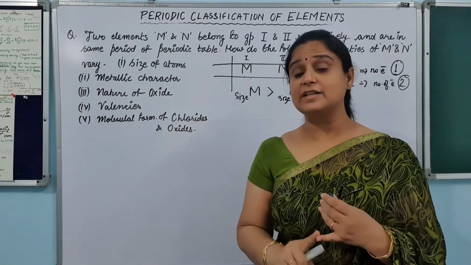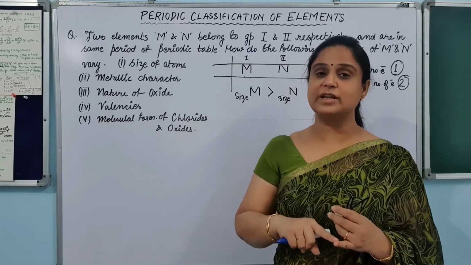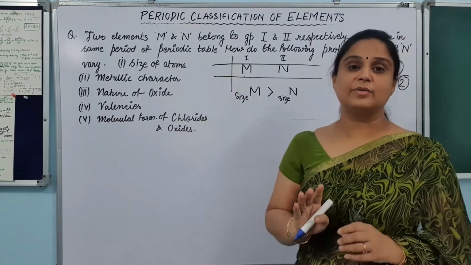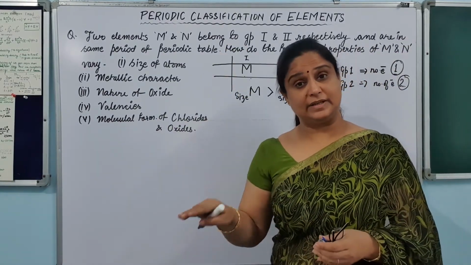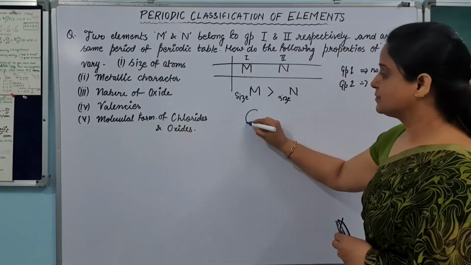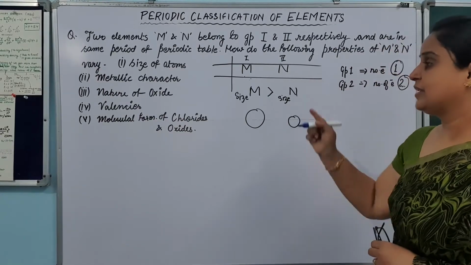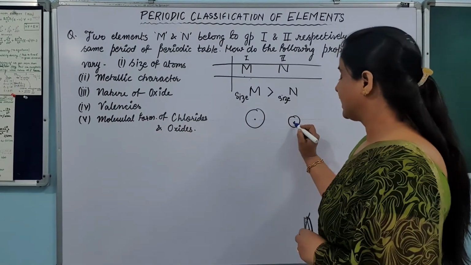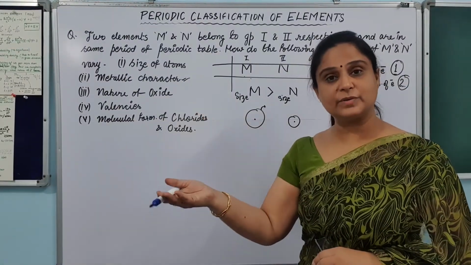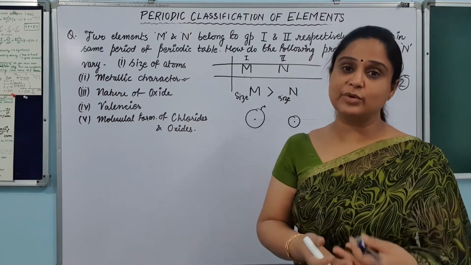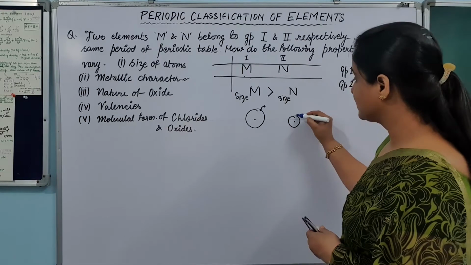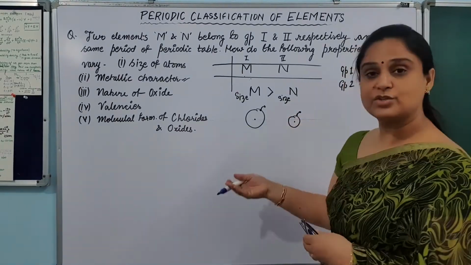Next, metallic character. Metallic character means tendency to lose the electron. More tendency to lose the electron, more will be the metallic character. वैसे भी we know that first group के metals are most metallic element in their period. Okay, but फिर भी अगर हम बात करें, the size is there because this is bigger one and this is smaller one, and when they move from left to right, ionization enthalpy, मतलब metallic character means tendency to lose the electron, जो आसानी से छोड़ दे that will have the more tendency and will be more metallic in nature. तो हम यहाँ क्या कर रहे हैं, we are going to lose this electron. कौन तो इन दोनों में से आसानी से छोड़ेगा electron?